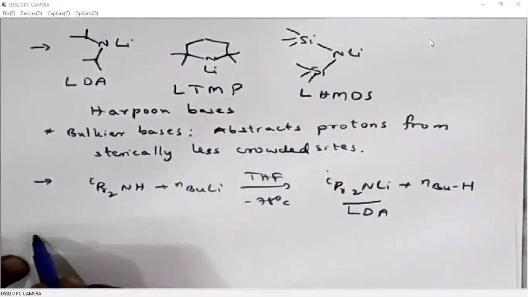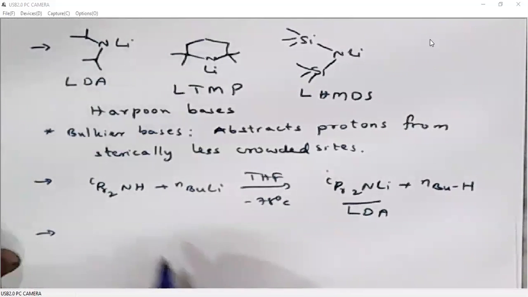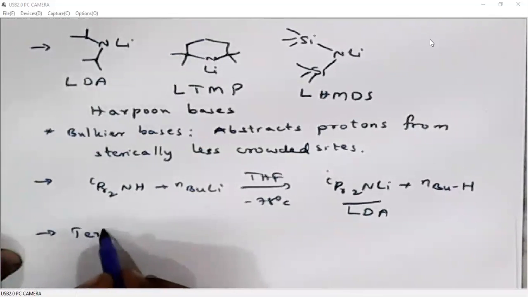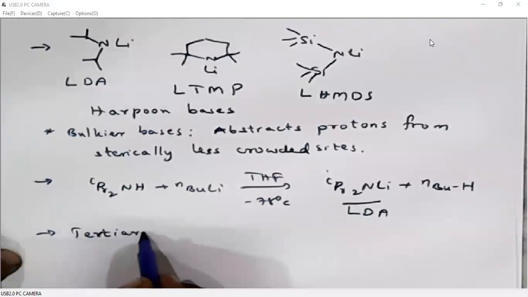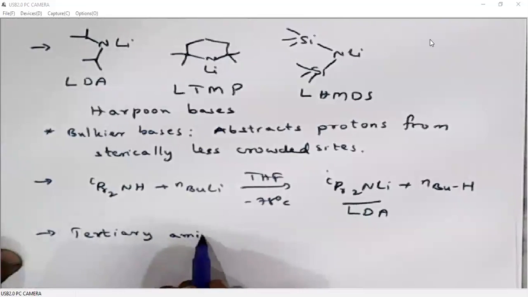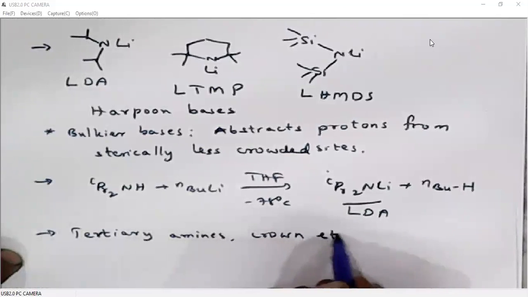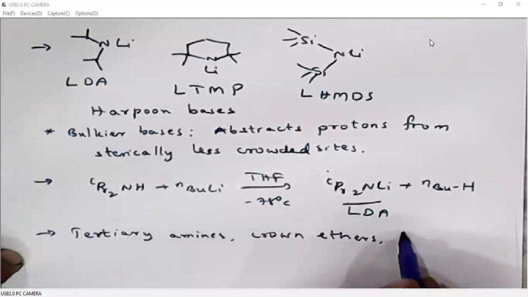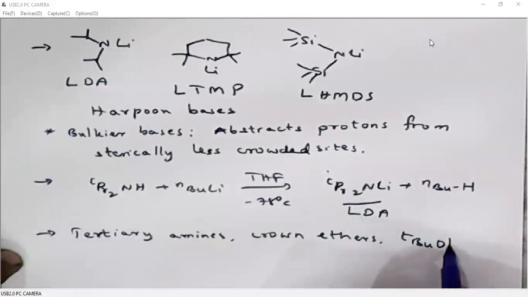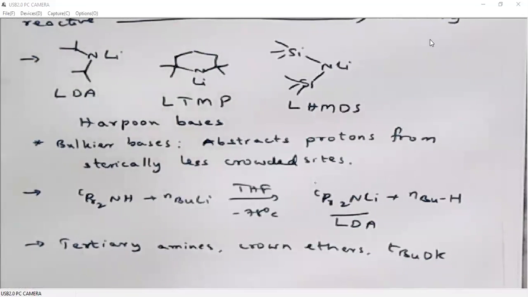And another important point: tertiary amines, crown ethers, and potassium tertiary butoxide. These are all strong bases.